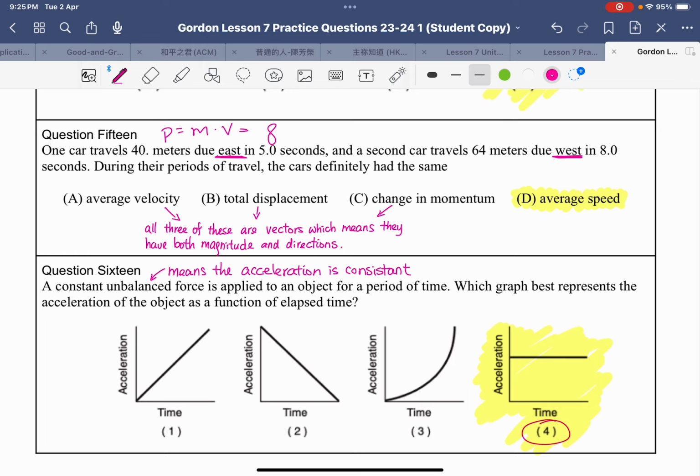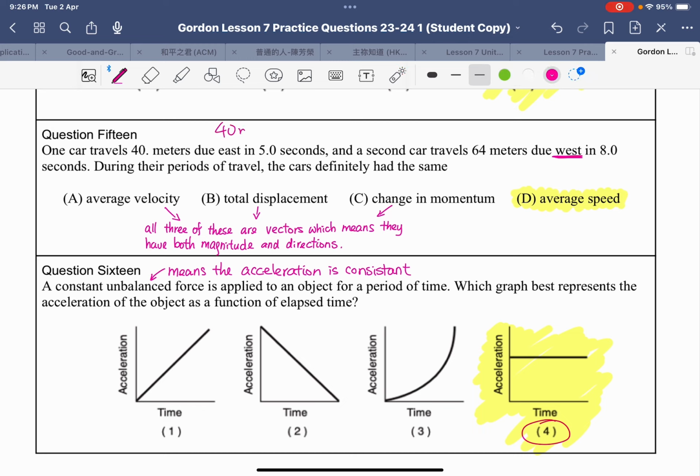Am I right? I can't remember exactly what I did during the math, but I remember calculating both of these to be 8. So, yeah, the average speed is the same, definitely. However, the displacement and the velocity is not the same, because if you think about this, oh, I remember.